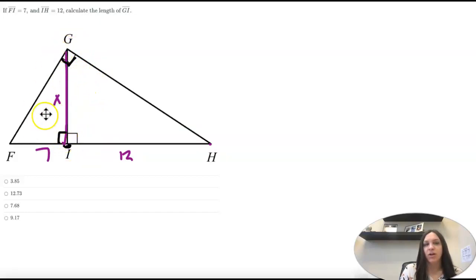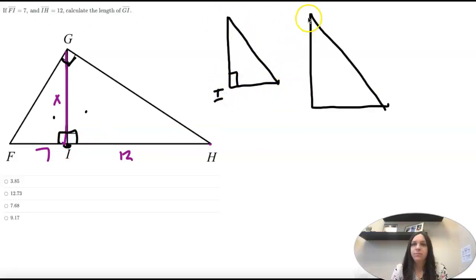So I'm going to redraw these 2 that are kind of facing each other. So here's my right angle, and that's I, and then there's our bigger triangle, and I'm going to turn it sideways with that right angle being I. All right. So notice that these both go to G on both triangles, and from I to G is X. But they're kind of flip-flops.